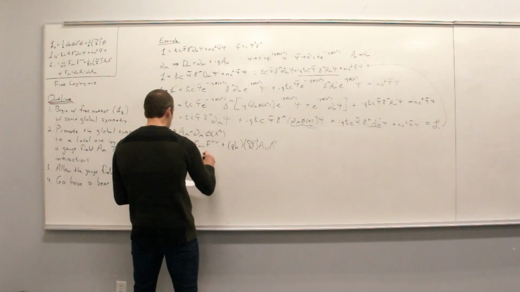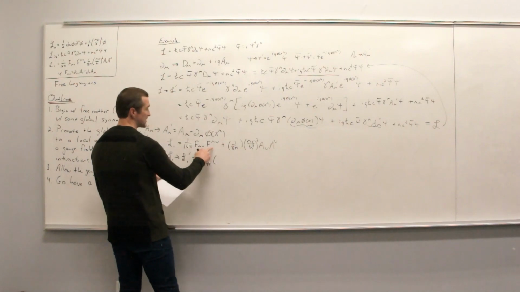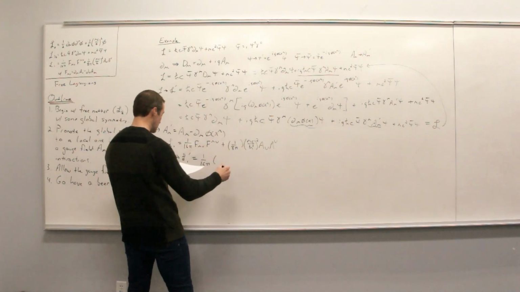So here we go. We've got 1 over 16 pi, and I'm going to use the metric factors to bring these indices down so that this one is also built out of lower d mu A mu.